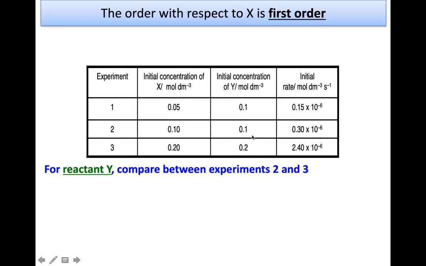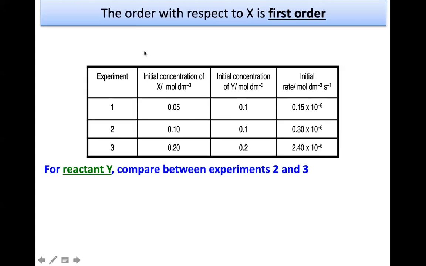You have to take into account, even though I always said you only change one concentration at a time, there are some cases where they will change two concentrations or more at the same time, provided that you already know the order of X, okay? If you didn't know the order of X, then that is not possible, right? Okay, let's see, how do we do this?